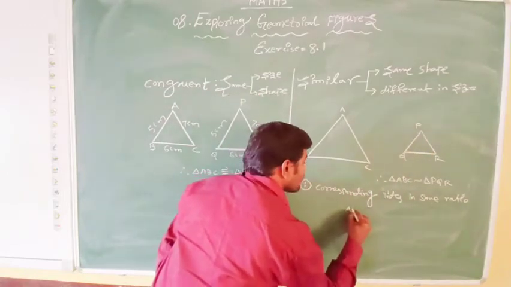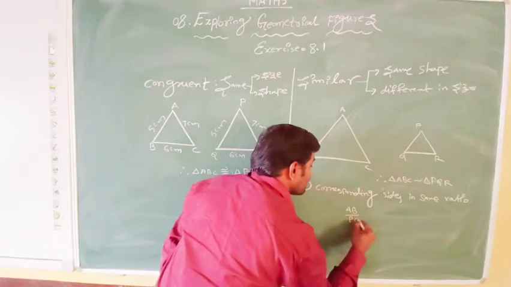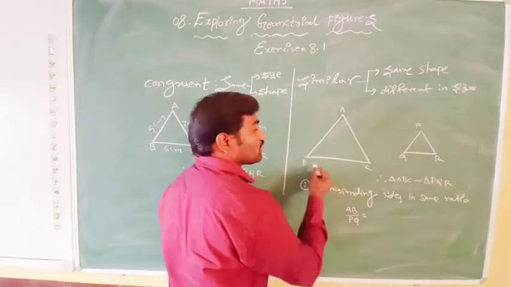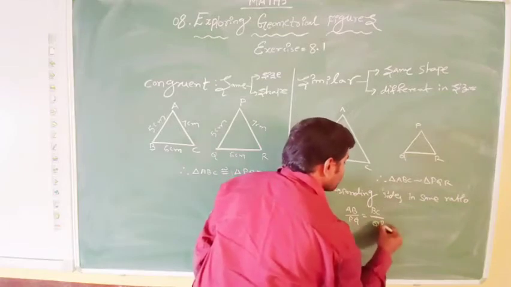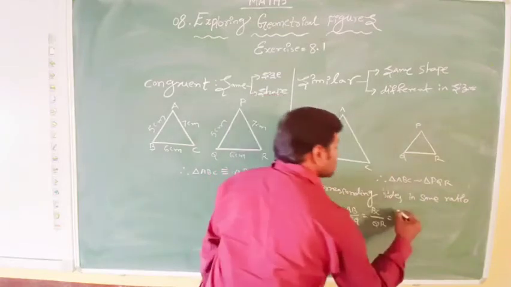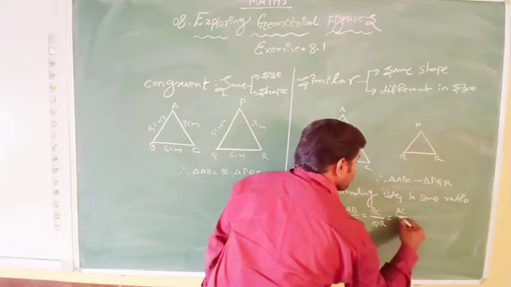AB by PQ should be equal to BC by QR, equal to AC by PR.